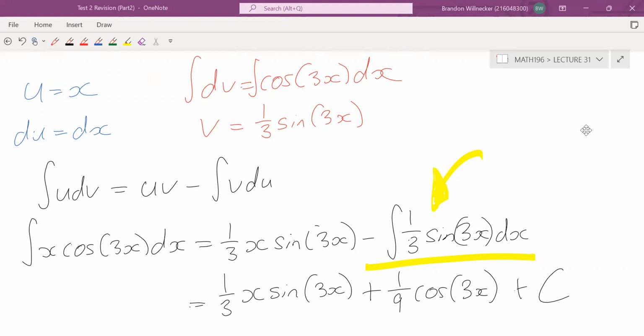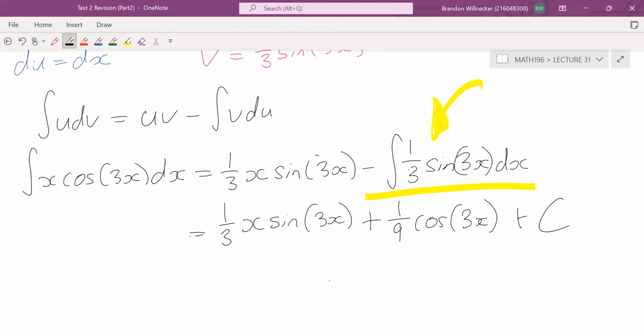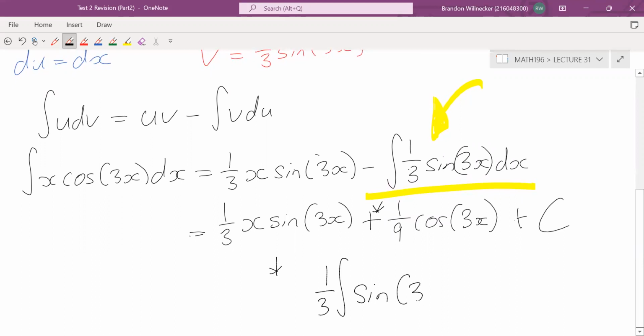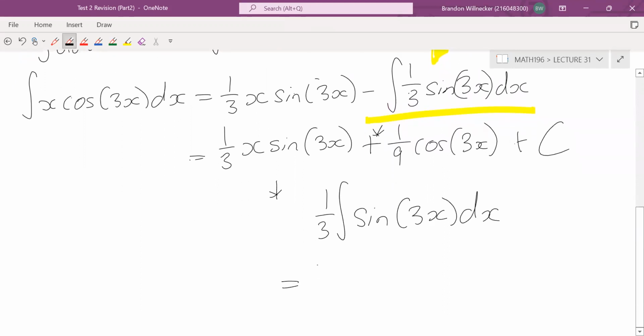Sir, yes. How did you get 1/9 for cos 3x? Okay, sure. So let's put a little star here. 1/3 the integral of sine 3x. How do we do that? Well, the 1/3 stays out. The integral of sine is minus cosine. But remember, we've got the 3 here.